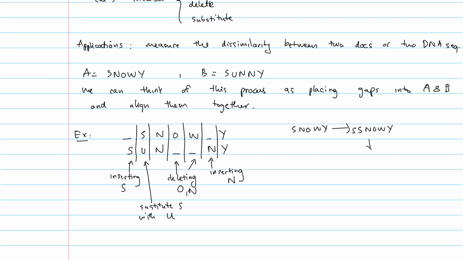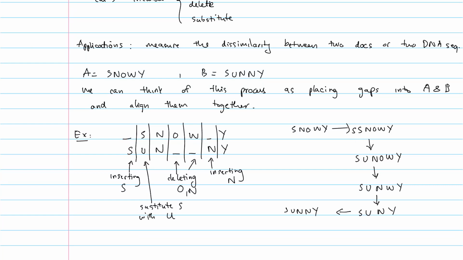Okay, and then we substitute the second S with a letter U. Okay, and then we delete the letter O. And then we delete the letter N. I'm sorry, the letter W. And then we insert a letter N between the letters N and Y.